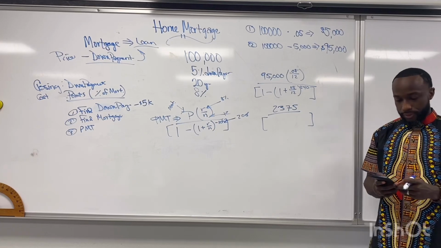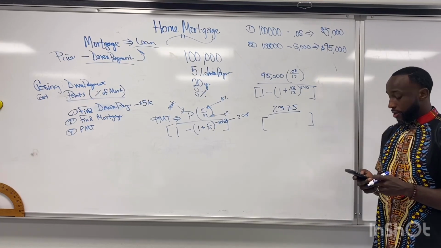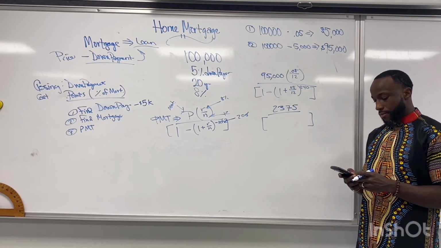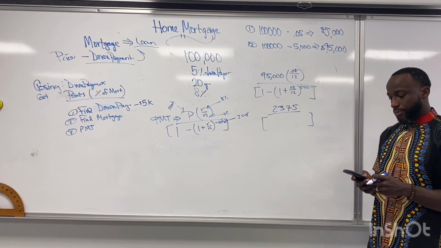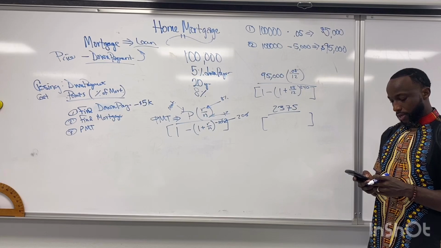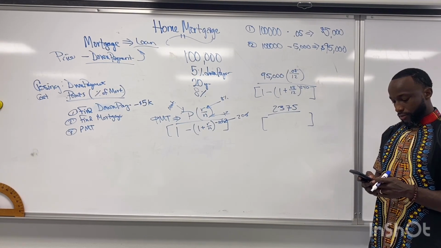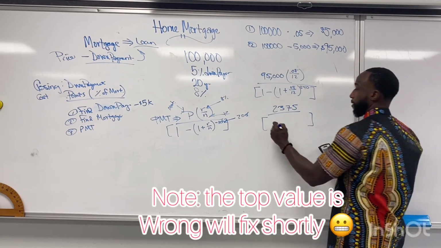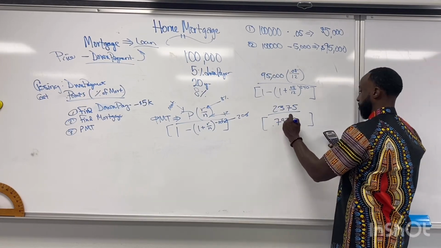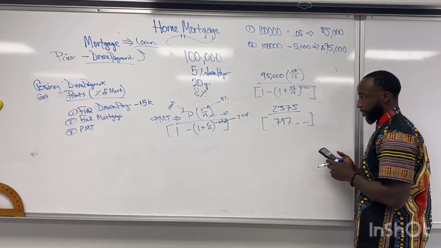So you've got 1 minus 1 plus 0.08 divided by 12, raised to negative 240. Make sure you put parentheses there to help you out. It's like 0.797 and some change, right?